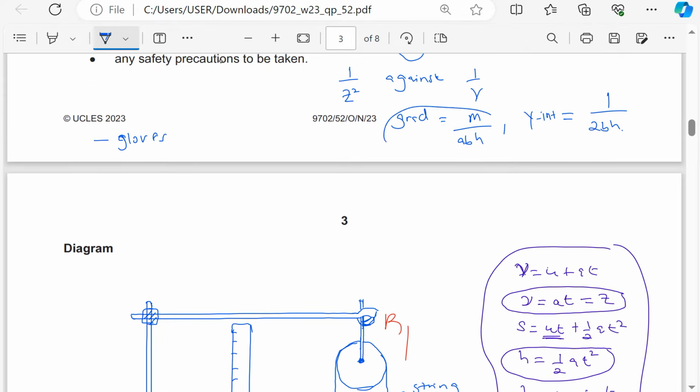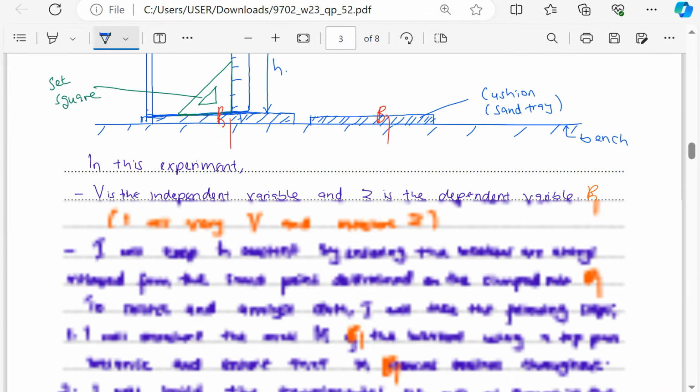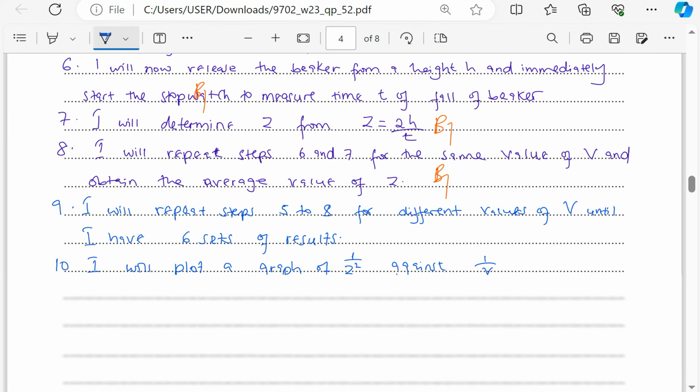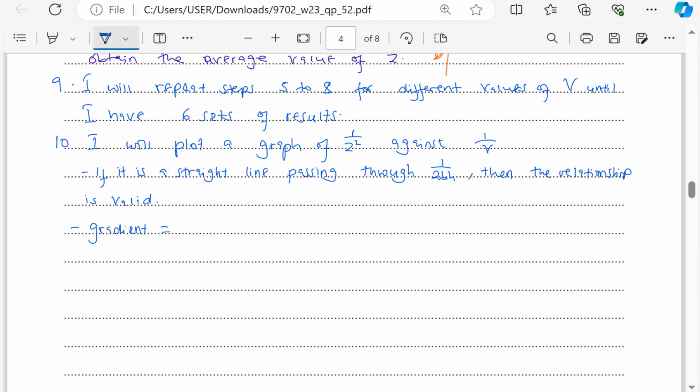That the gradient was m over abh and the y-intercept was 1 over 2bh. So we're now on analysis. The gradient is equal to m over abh. Because they wanted us to find a, you just tell the examiner that this implies that a is going to be equal to m divided by the gradient times bh.